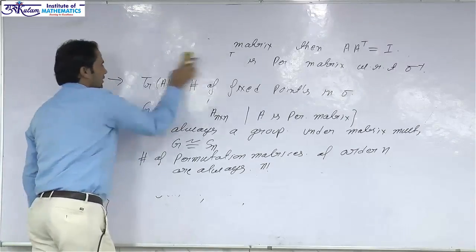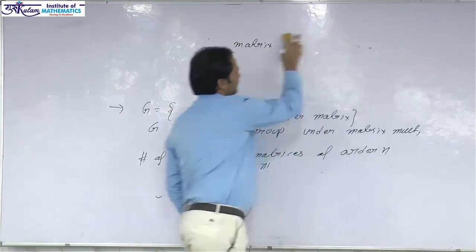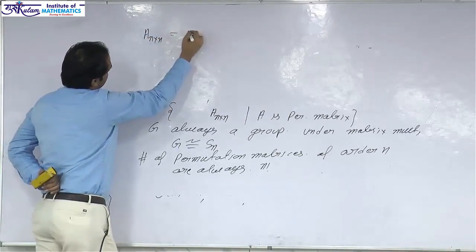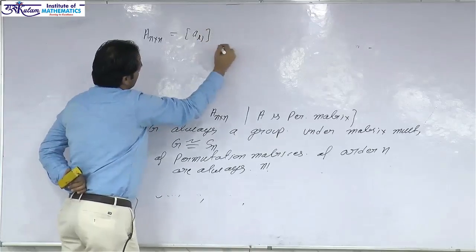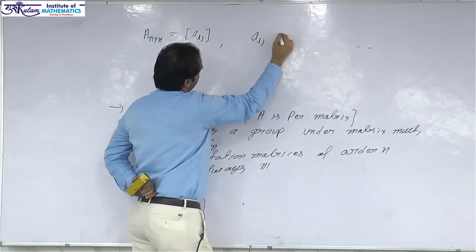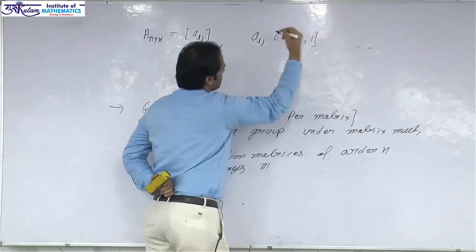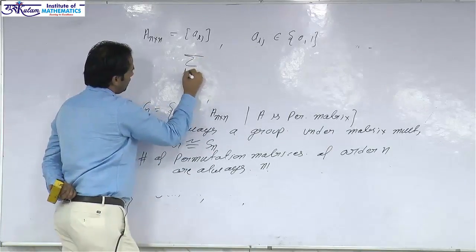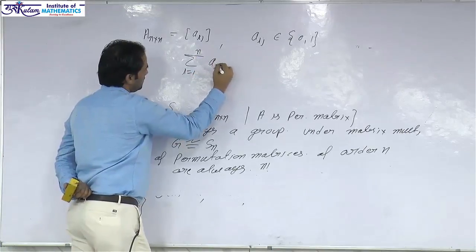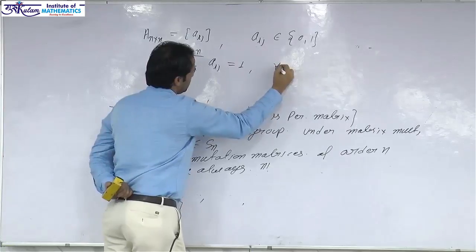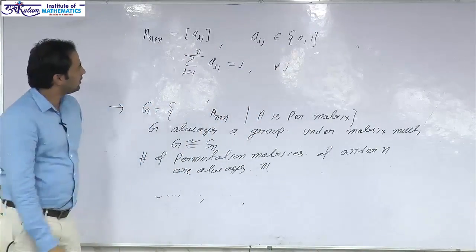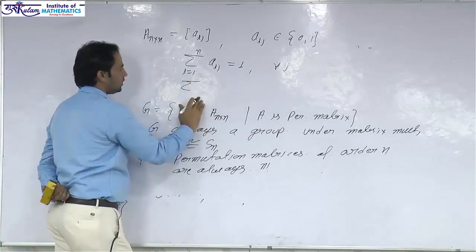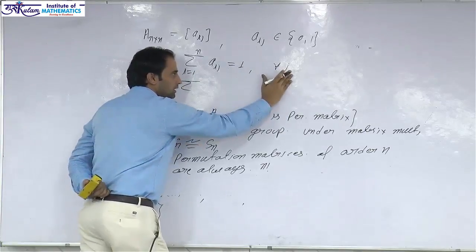Further, there is another definition of a permutation matrix. If A is any n cross n matrix with entries Aij, such that Aij belongs to {0, 1}, that is, each entry is either 0 or 1, and the summation over i from 1 to n of Aij is equal to 1 for all j, that is, the sum of entries of each column is 1.